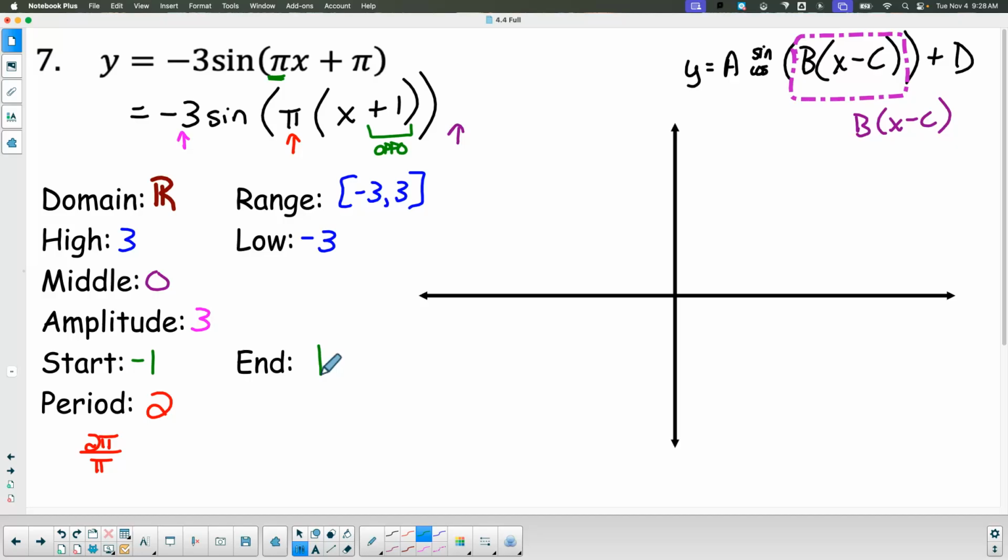Oh, okay. This one wasn't factored out. So I had to factor out that pi, which made that C value be +1. Period's just 2. Period is just 2, because your B value is pi.